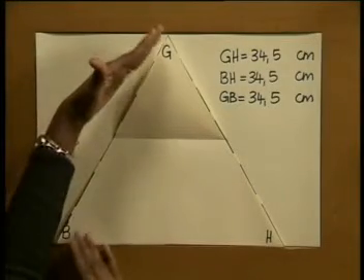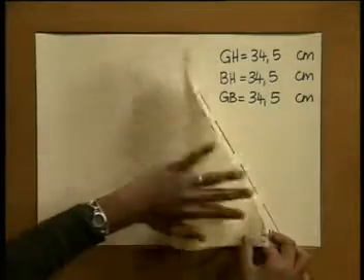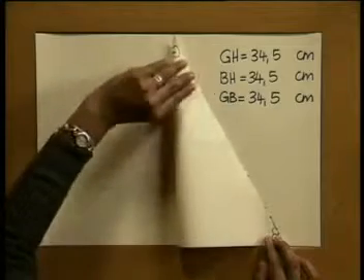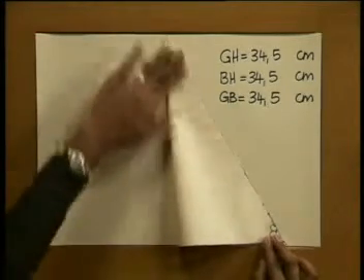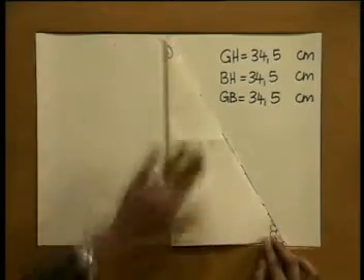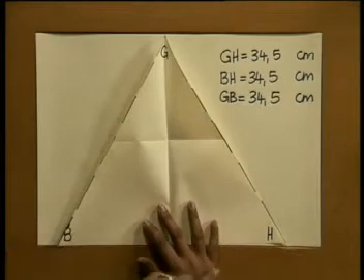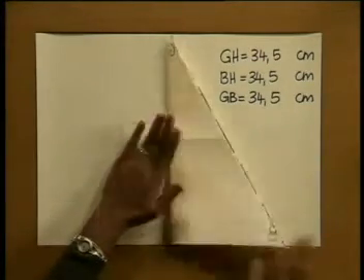So let's fold GB onto GH. So, folding. And there we have. So we see that our angle GBH fits directly onto GHB.